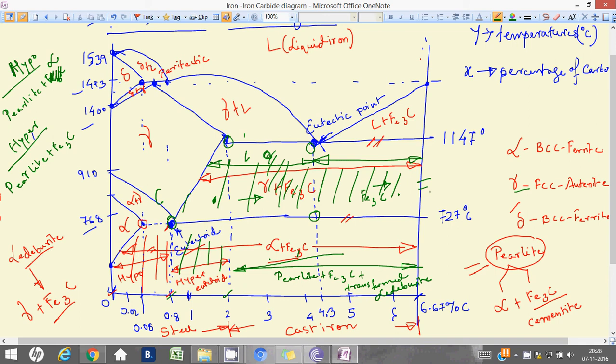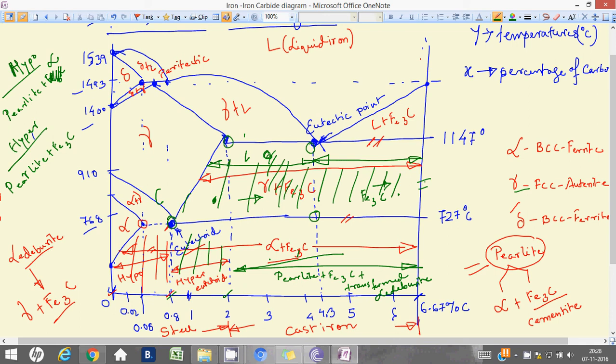So what we have seen is temperature on the y-axis and percentage of carbon on the x-axis. There are mainly 3 lines: the eutectoid line, the eutectic line, and the peritectic line. These lines are isotherms, meaning the temperature is constant.